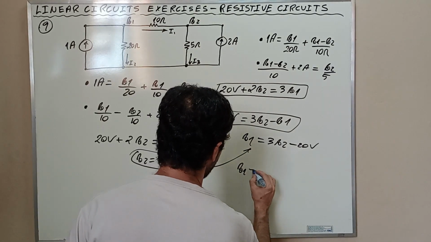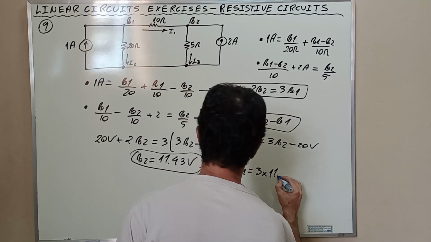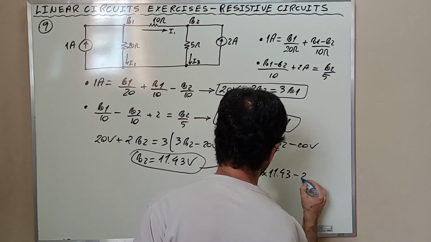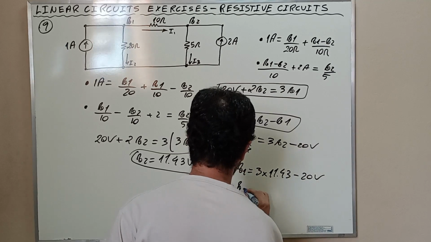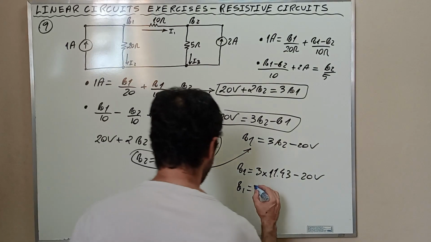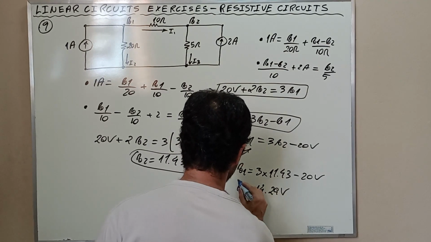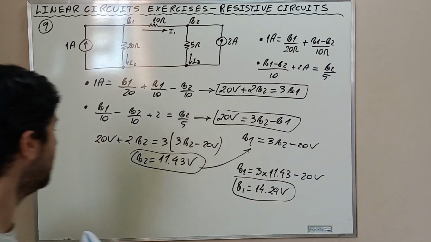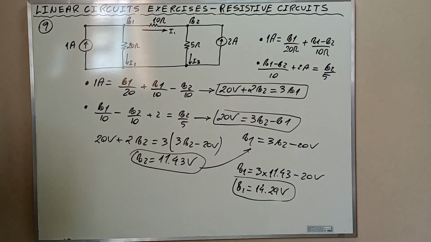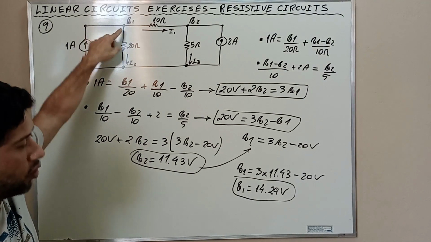V1 is therefore going to be 3 times 11.43 minus 20 volts, and then I find the value of 14.29 volts for V1, okay? This is what the exercise wanted us to calculate, the values of the voltages at the nodes.